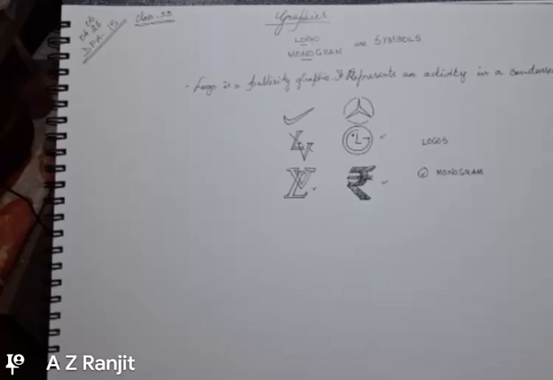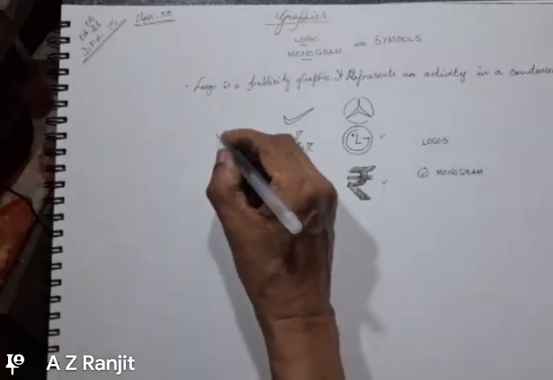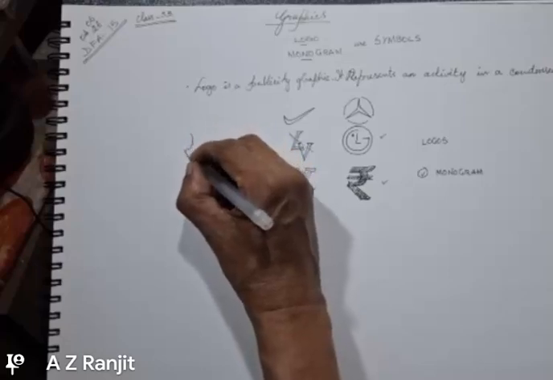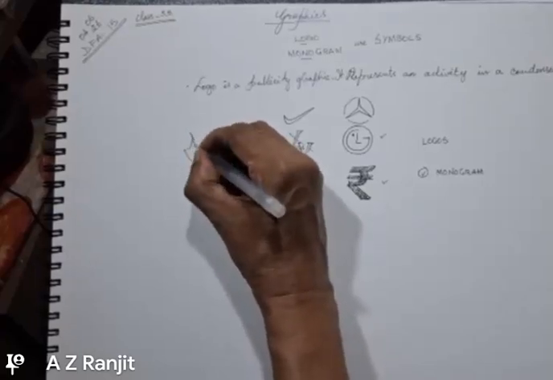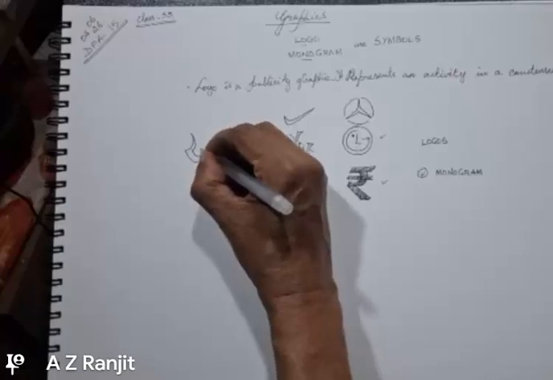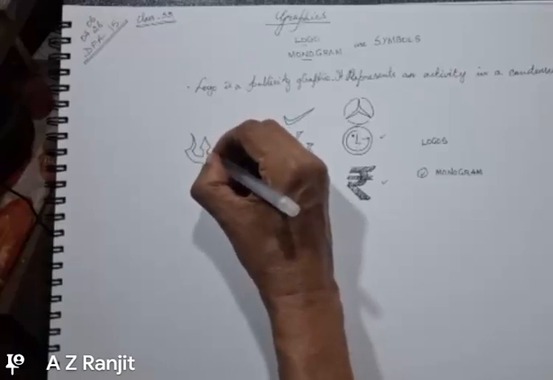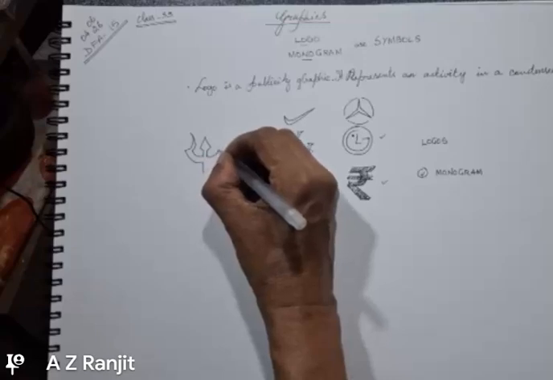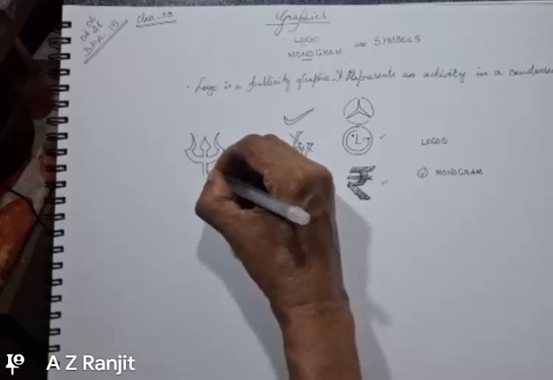So we say logos and monograms are symbols, right? Symbols are shapes and forms. I'll draw one symbol. That is a symbol, right?